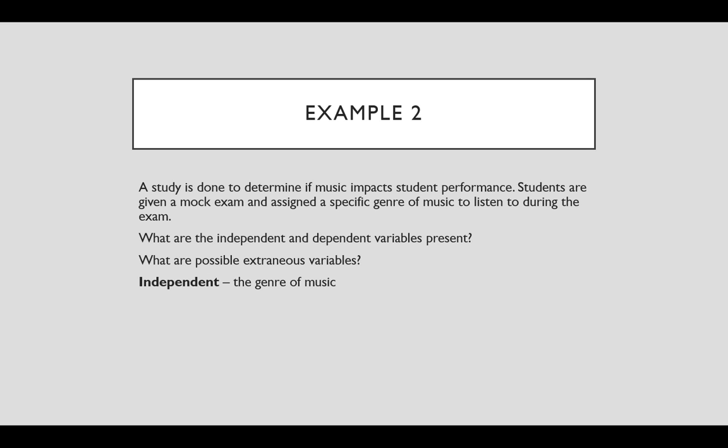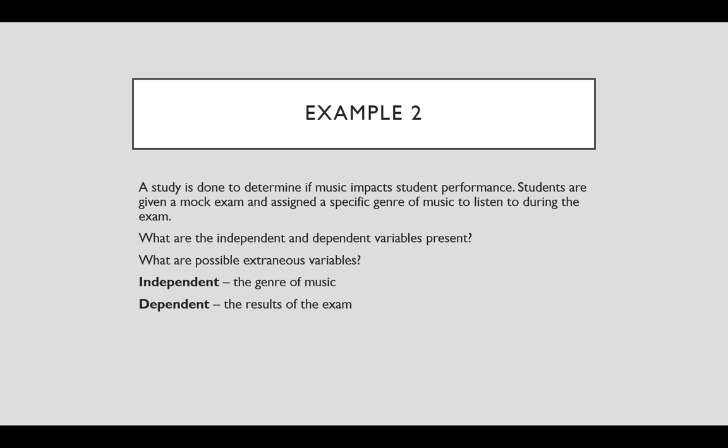You really don't know what genre it is, but the researcher of this study gets to choose the genre of music. And the dependent variable is the results of the exam. Did music increase performance, decrease performance, or not really make a difference?